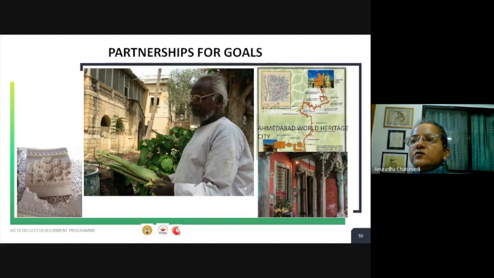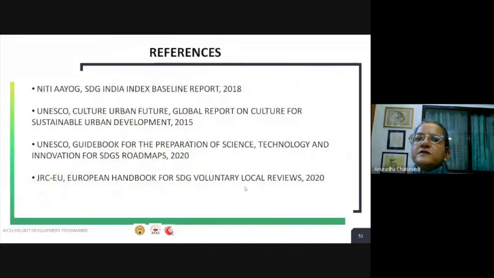And it is only through that that we are going to ensure the effectiveness of our heritage management processes and the use of heritage resources for achievement of the Sustainable Development Goals.